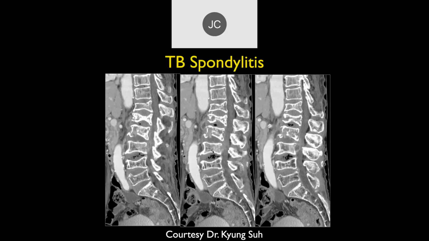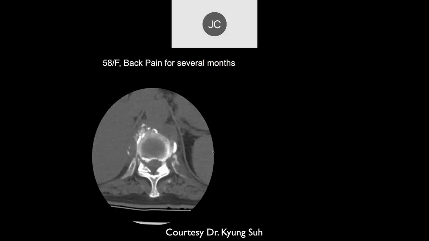This is pretty characteristic of TB. And you can have multi-levels involved, because in the early stages, it can be relatively asymptomatic as opposed to staph and strep, which is usually very symptomatic in the early stages of infection.